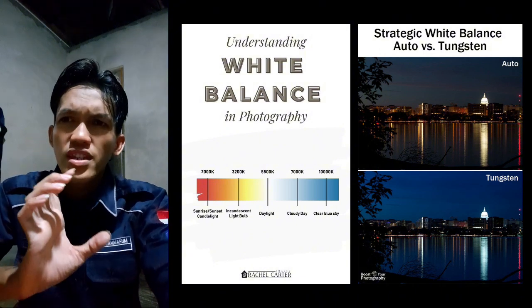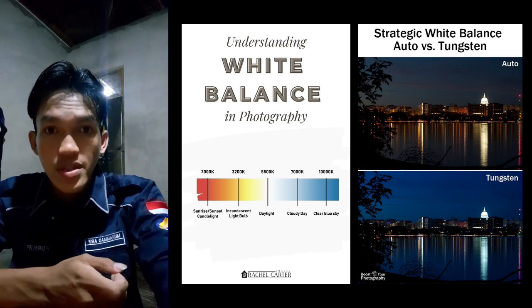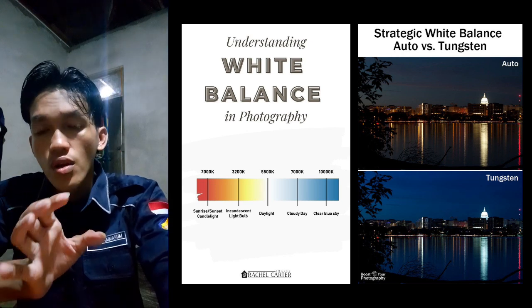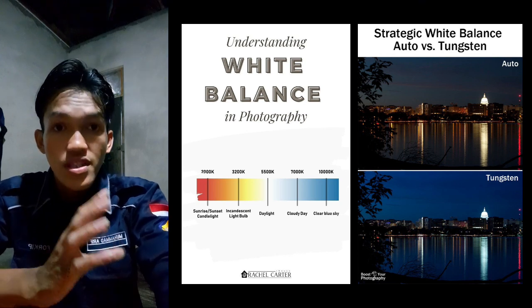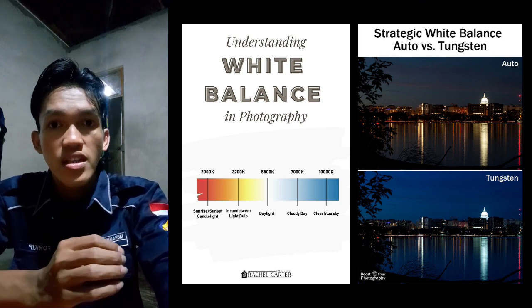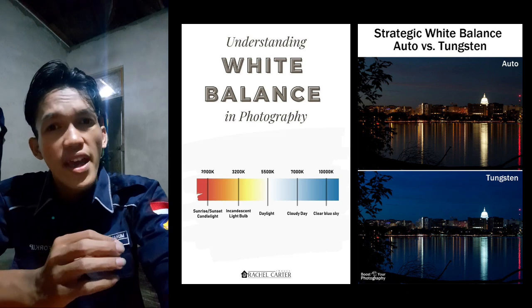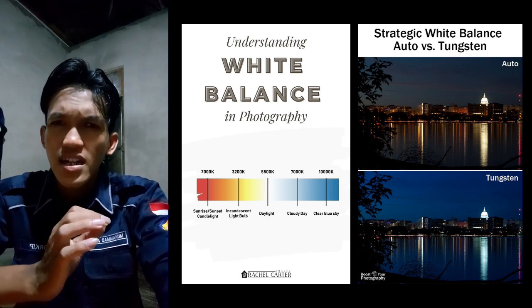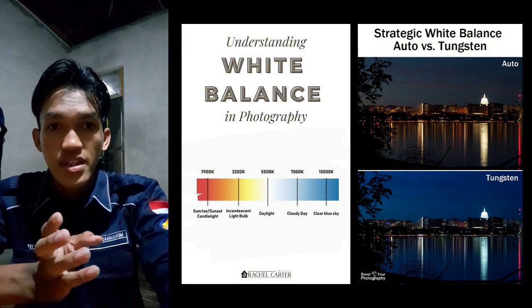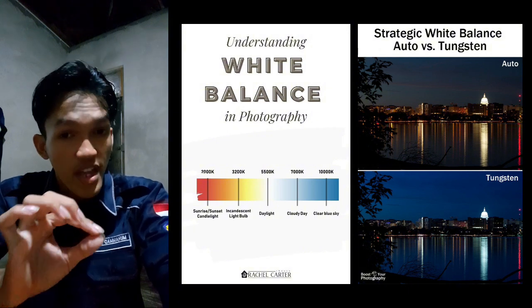Sometimes when we take a photo indoors, it looks too yellow or orange, or when we take a photo outside in the shade, it might look too blue. That's because the camera doesn't always know what kind of light we're in. That's where white balance helps us.